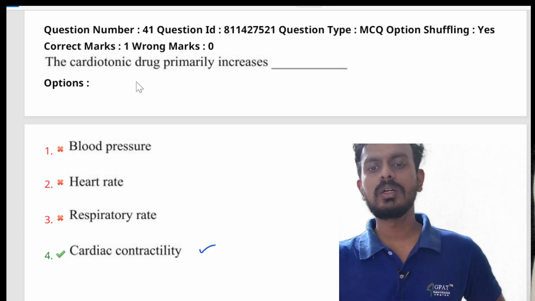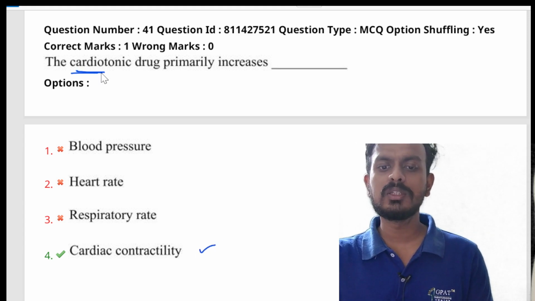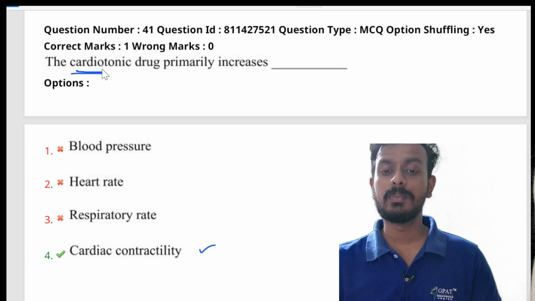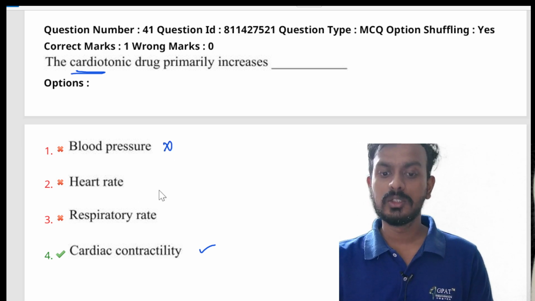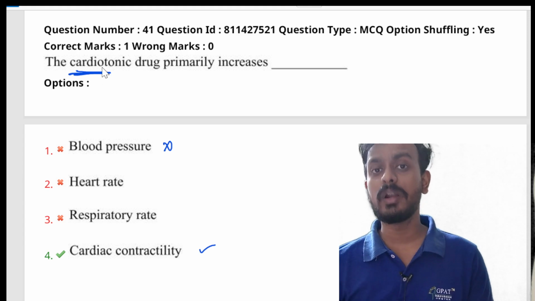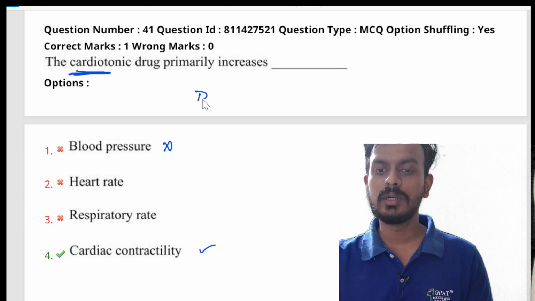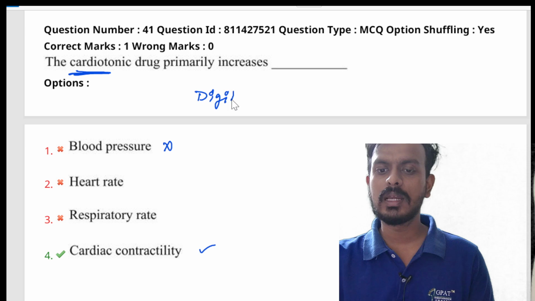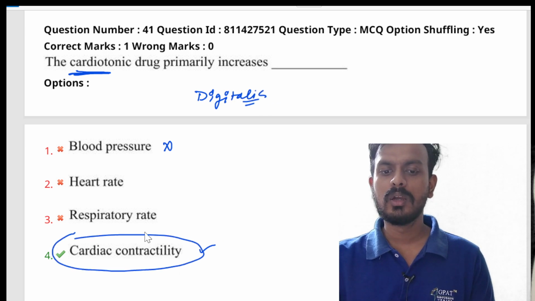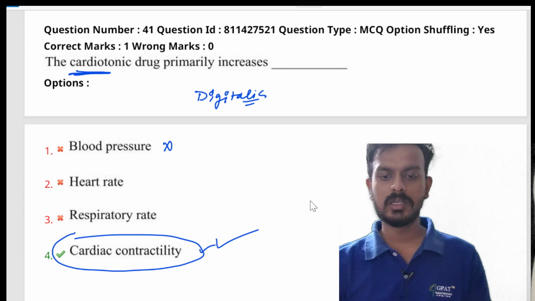Remember, cardiotonic drugs basically do not increase the blood pressure. Cardiotonics basically increase the contraction, like the digitalis class of drugs. So they basically increase cardiac contractility. Option 4 is the correct answer.